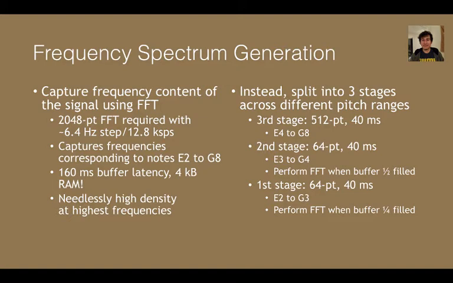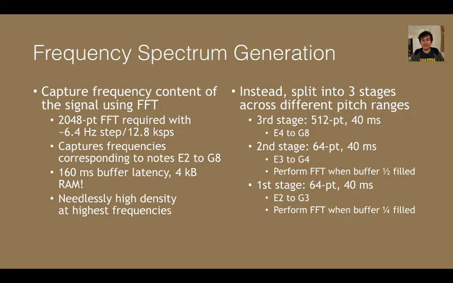To generate a spectrum of frequencies that describe the samples being read by the ADC, originally we considered doing a 2048 point fast Fourier transform with a 12.8 kilohertz sample rate.